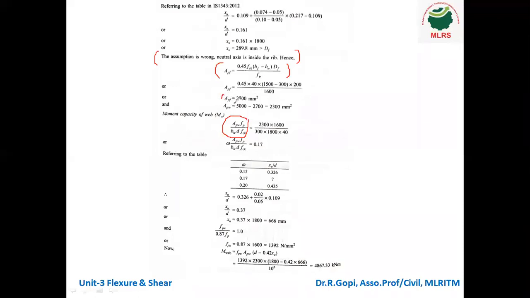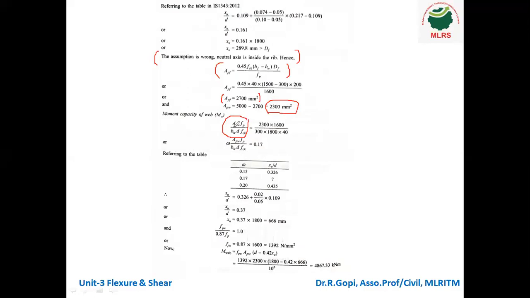From this, APF is equal to 2700 mm square. So what is the total area of pre-stressing steel? It is 5000. So APW is equal to 5000 minus 2700. We got 2300 mm square.